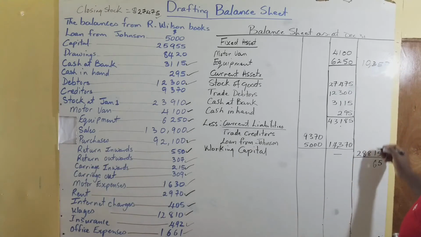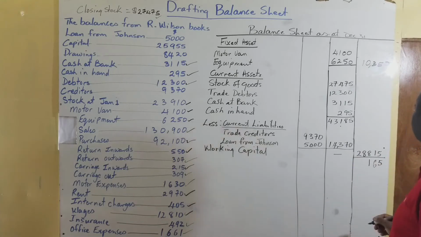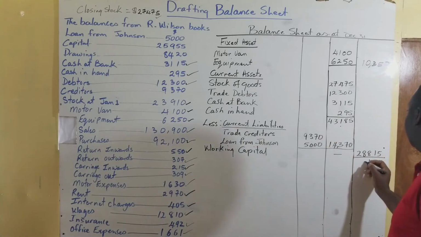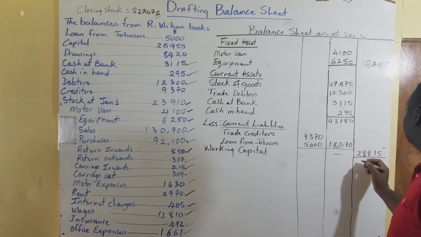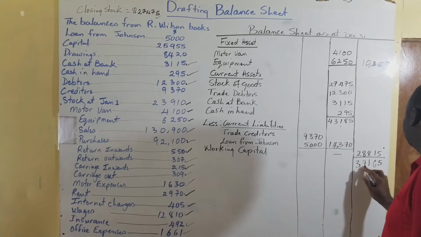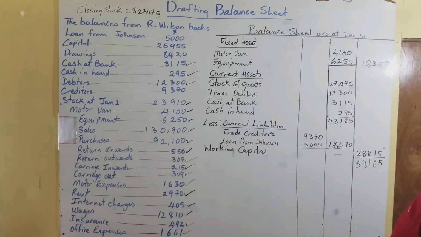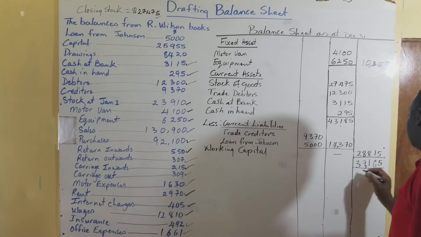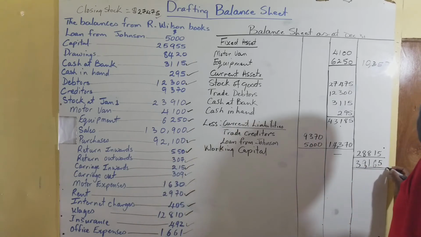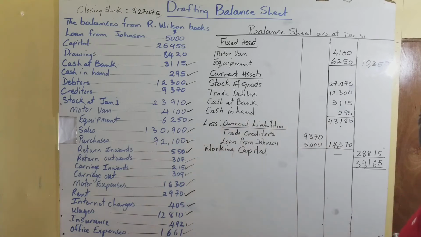And that's 3 and 8, that is 11. 8 and 1, 9. And 3. Good. So we're getting 31,165. We can double line this now. Okay, that's the total of the assets.